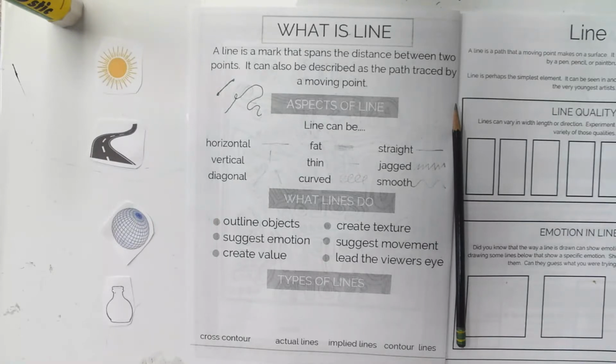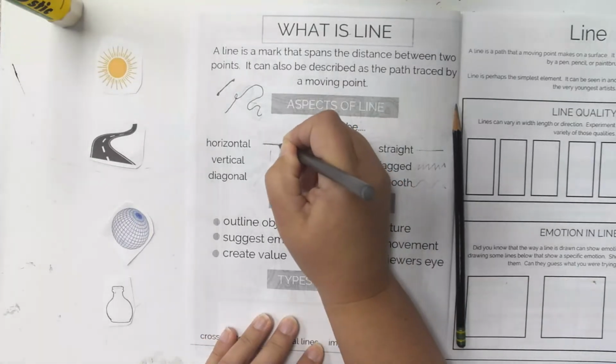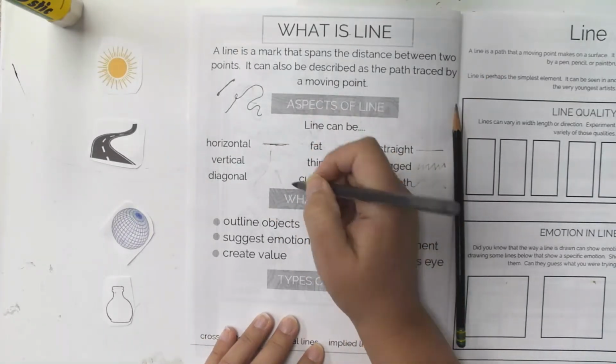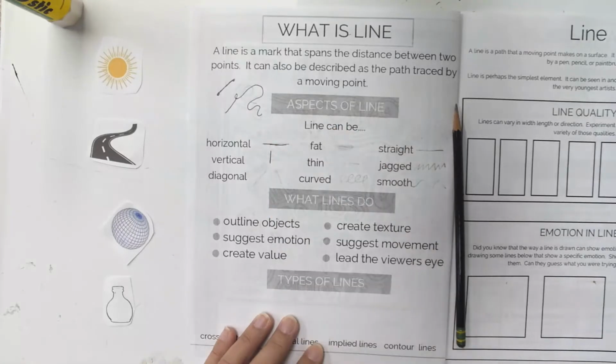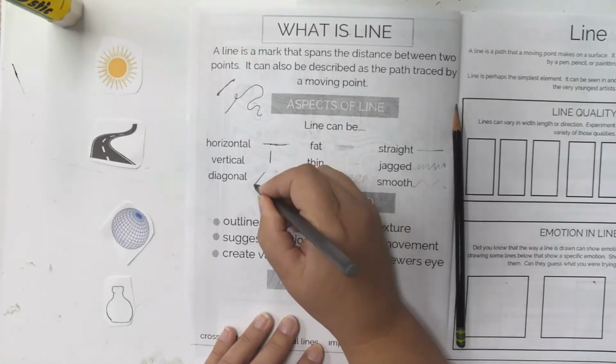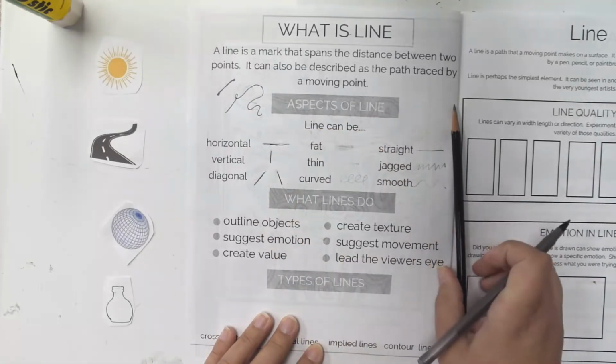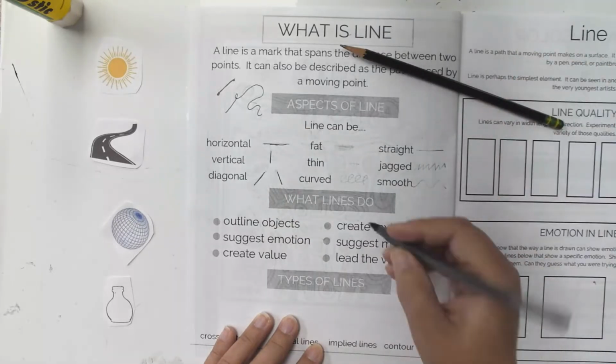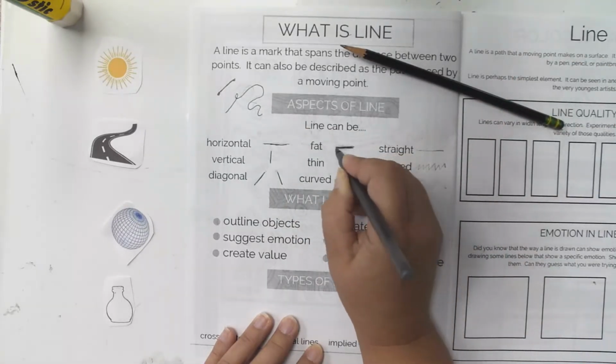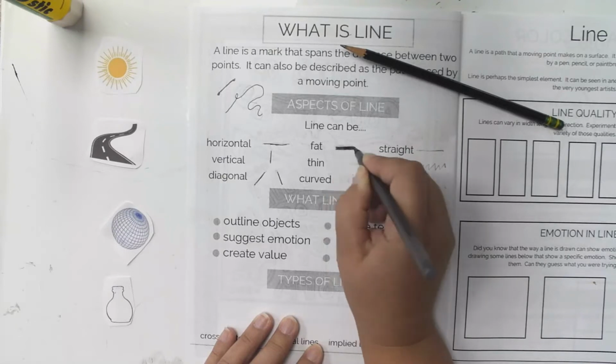Now, there are all different kinds of lines out there. So we have horizontal lines. Now, you should be copying this. Vertical, diagonal. We'll go two different ways. We can make nice fat lines.